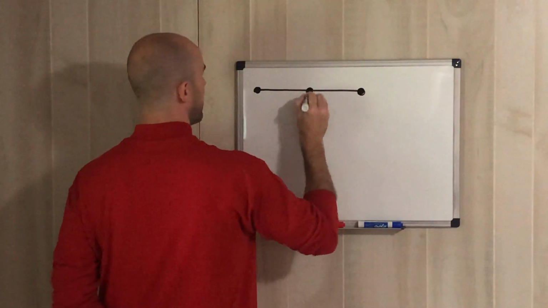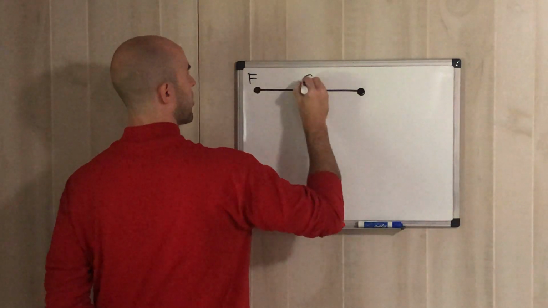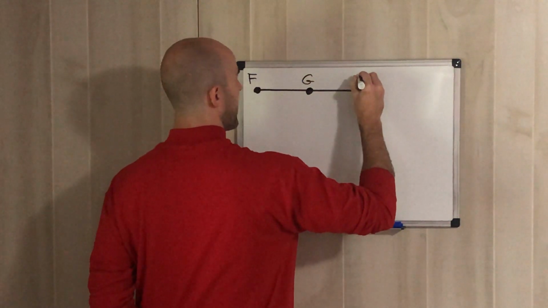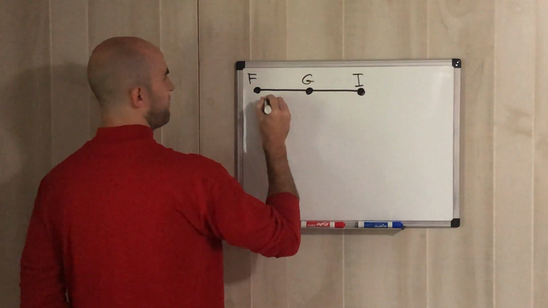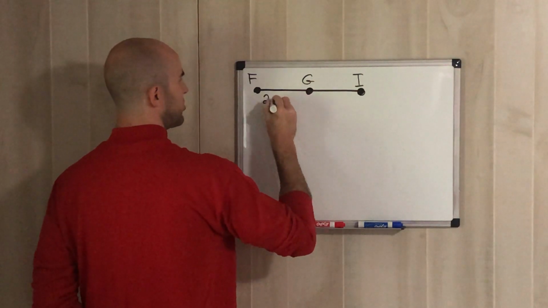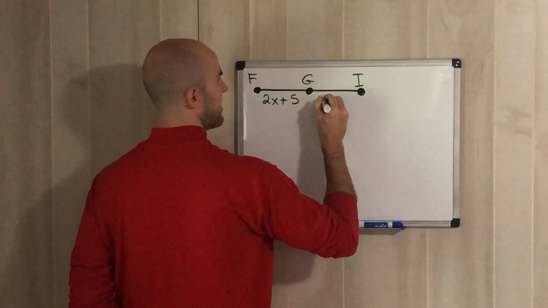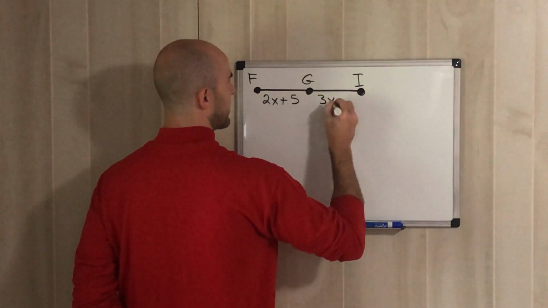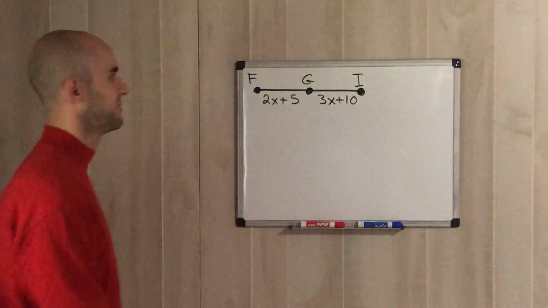Let's call this F, let's call that G, let's call that I. And I'm going to tell you that FG is going to be 2x plus 5, and let's say that this here is going to be 3x plus 10.